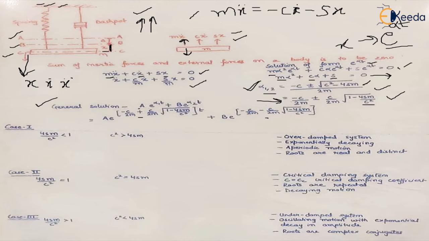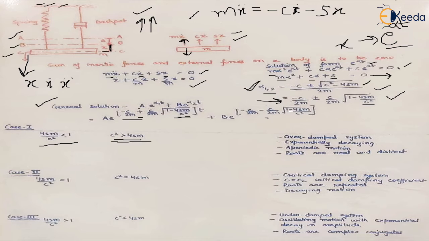Now if we look at these equations, there are three possibilities, right? The first possibility is, if we look at this term 4sm upon c square, if this term is less than 1, which means that c square is greater than 4sm. So what will happen? The roots for this case 1 will be minus c upon 2m, and this c square is greater than 4sm.